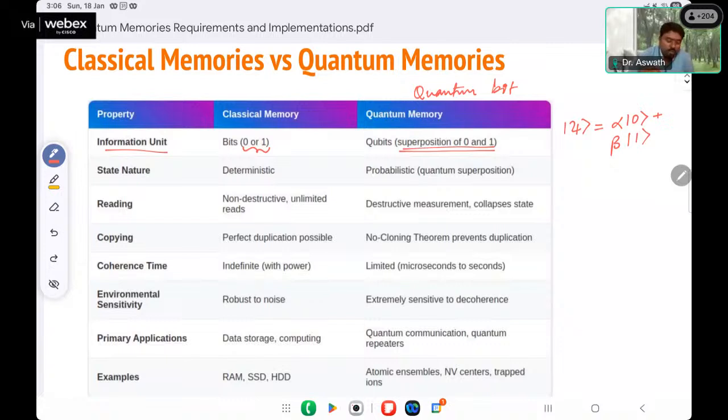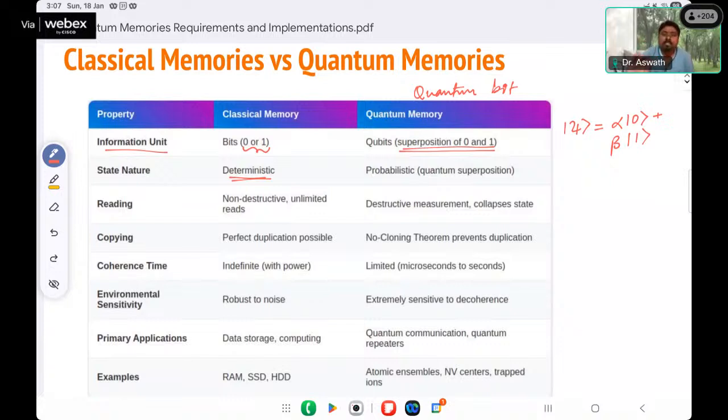When it comes to the information perspective, this is what classical memory is and this is what quantum memory is. Now, when it comes to nature, a classical memory is a deterministic unit. What I mean is, let's say I store a bit 0 on that memory, it is going to remain 0 with 100% probability.